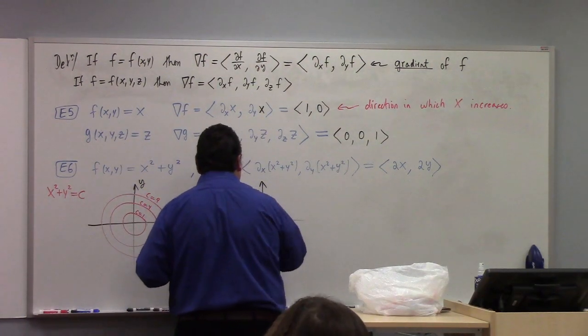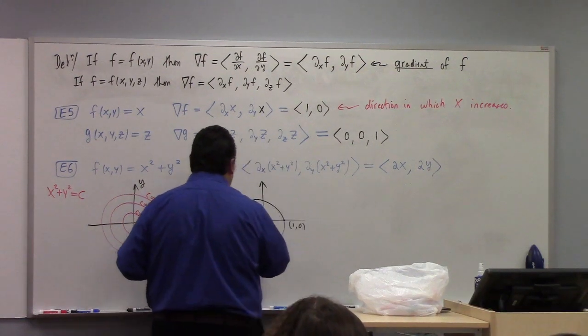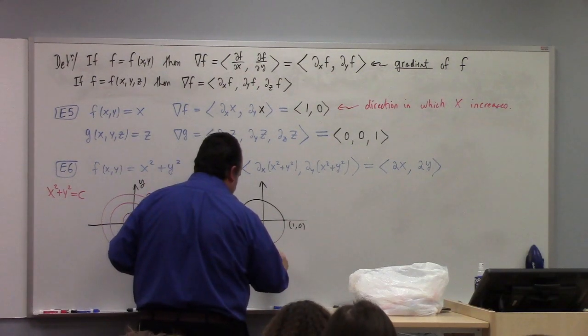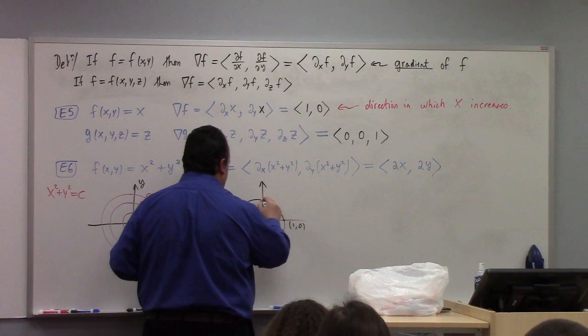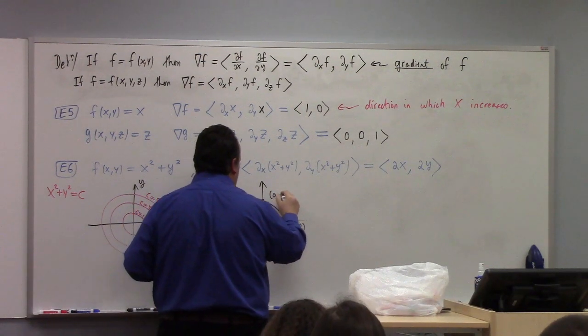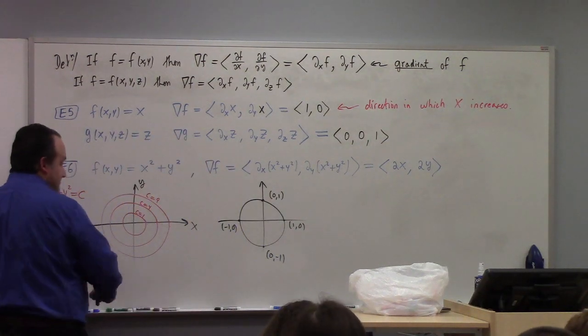So here's like 1, 0, minus 1, 0, 0, minus 1. That's supposed to be a circle. 0, 1. And then I graph the gradient. Where does it point?